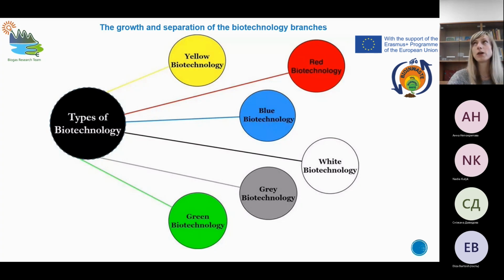Sometimes when we say environmental biotechnology, we call it green biotechnology, but green biotechnology is mostly agricultural biotechnology. Environmental biotechnology in the color classification belongs to gray biotechnology. Nevertheless, between green and gray biotechnology we have a lot of connection. For example, agricultural waste can be recycled by biotechnology, so there is interaction between agricultural and environmental biotechnologies.